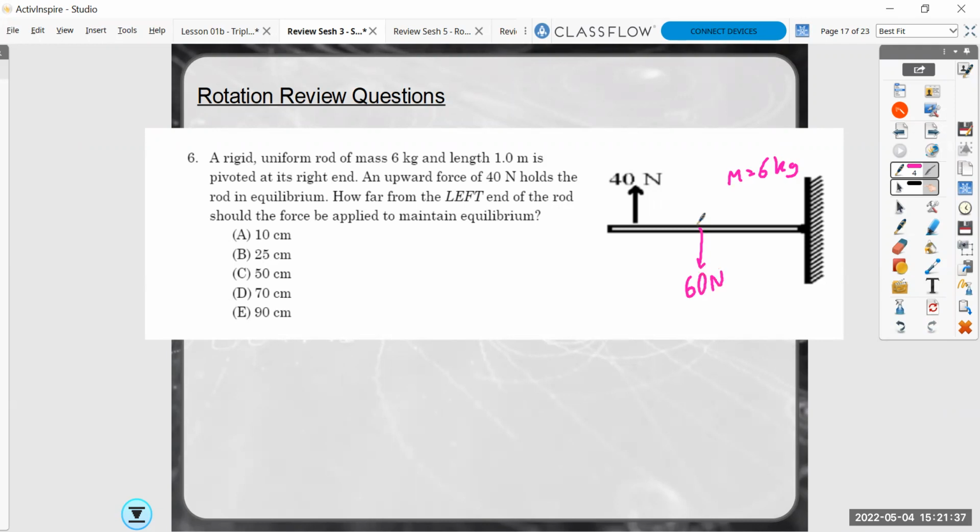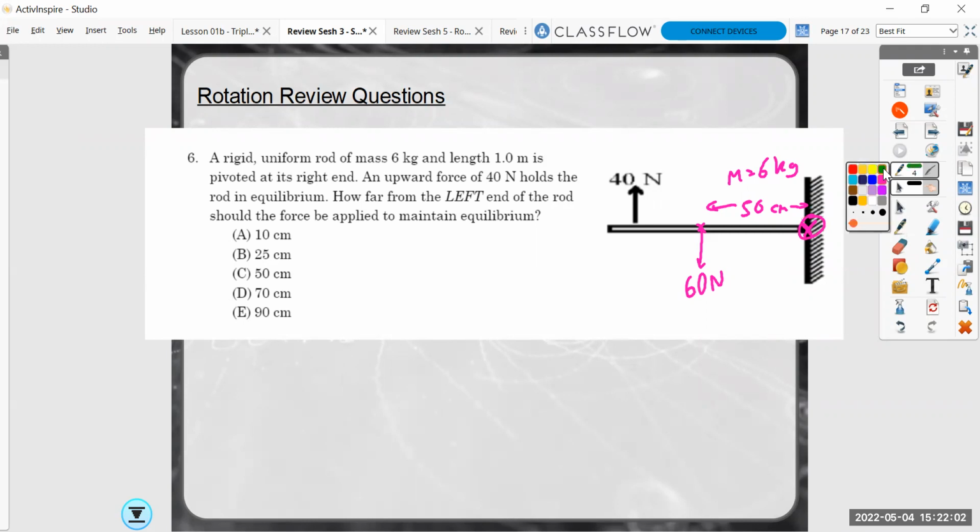It's really important when you're drawing your free body diagrams for torque that you apply gravity at the center of mass. So if it's a 1 meter rod, this is going to be 50 centimeters, or 0.5 meters away from our pivot. Here's our pivot. And then we've got an upward force of 40 newtons holding the rod in equilibrium.